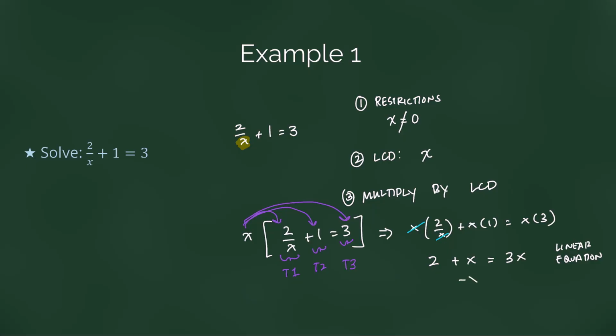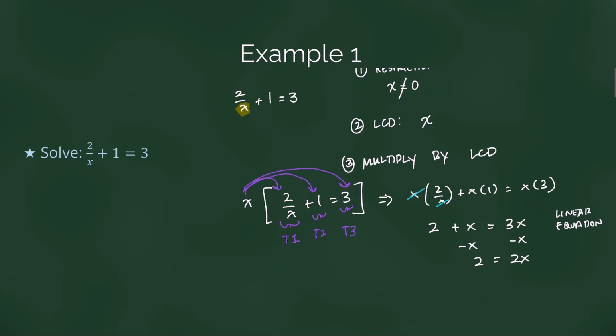So we'll subtract x from both sides, and that gives us that 2 is equal to 2x. And now we'll divide by 2 on both sides to get that x is equal to 1. Let's check. We're going to check by replacing x equals 1 for all of the x's in our equation. So we'll say 2 divided by 1 plus 1. Well, that is in fact equal to 2 plus 1, which is 3. So our solution worked.